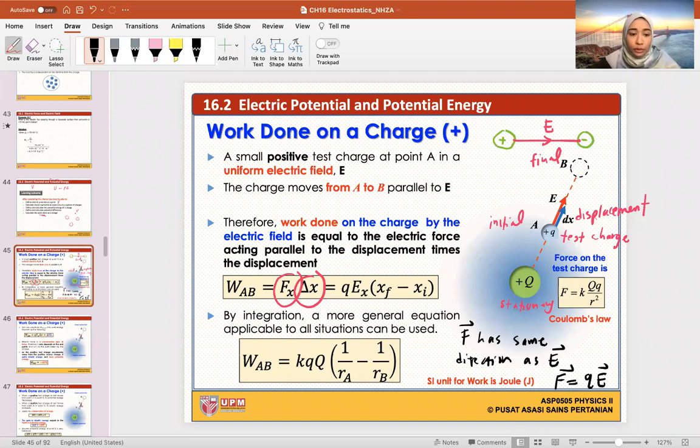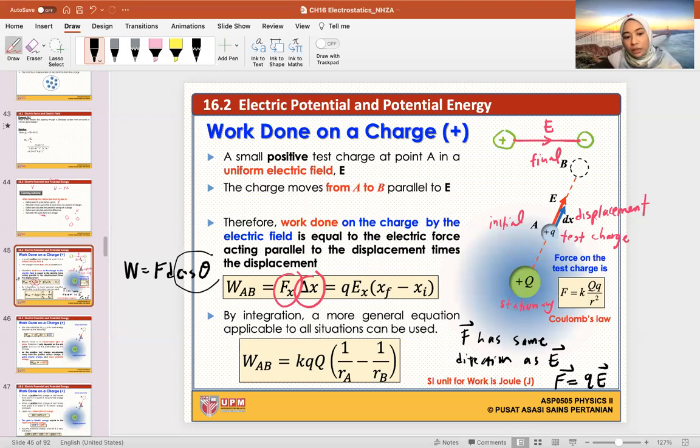So work done, we know work done in general is force times displacement. So the work done by an electric field is the electric force acting parallel to the displacement of the charge. It's the same equation, F times displacement. F must be parallel. Previously, we learned W equals F d cosine theta.